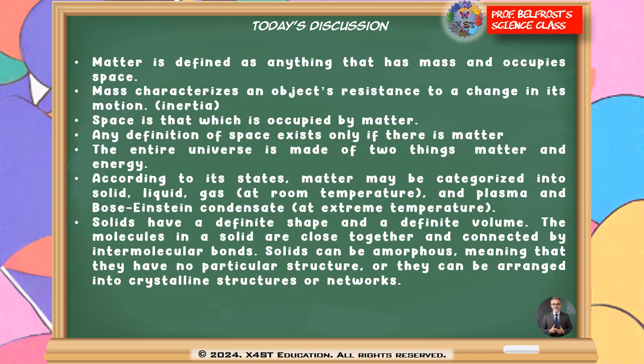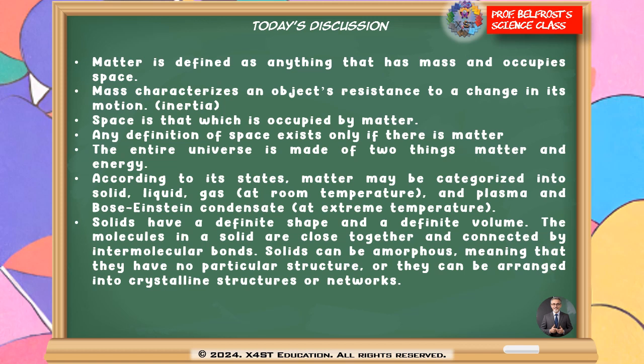Mass characterizes an object's resistance to a change in its motion. Inertia. This is just a scientific term, inertia. And space is that which is occupied by matter. So by definition, space only exists if there is matter. If there's no matter, there's nothing, then you cannot say that there is space there.